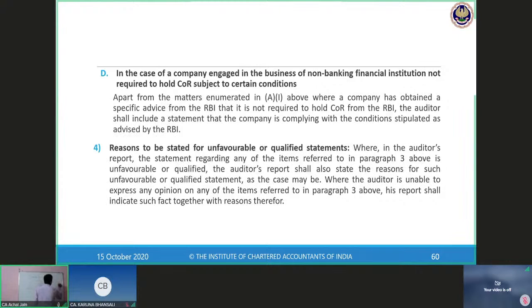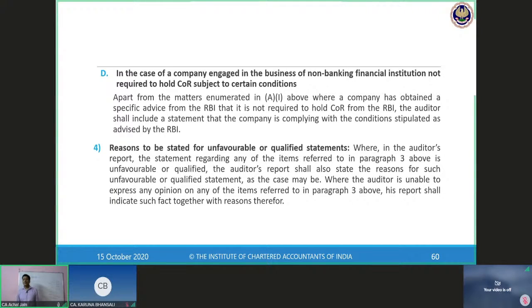which are not required to hold certificate of registration. Now for these NBFCs also requirements of A will apply in a limited manner, except for this certificate of registration, because they are not required to hold certificate of registration.